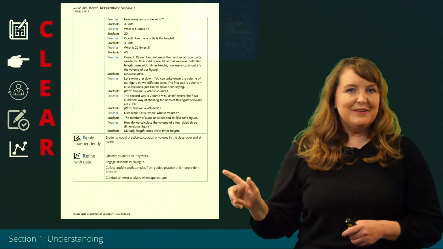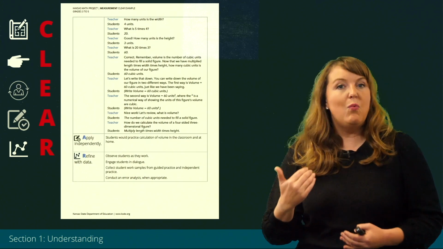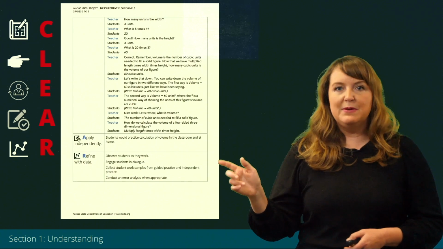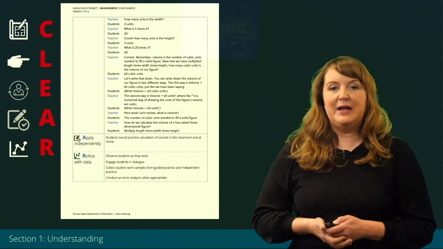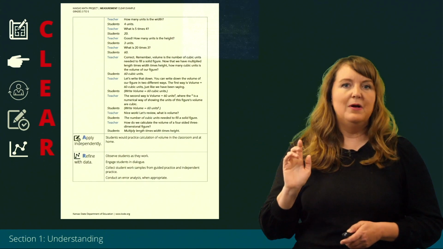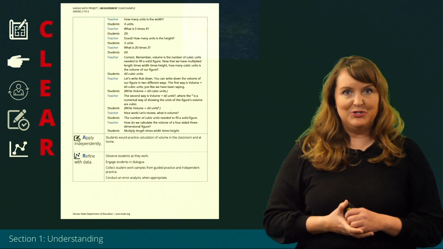And then what kind of data will you collect so that you know that your students are doing well with the content? So maybe you're doing observations, maybe you're doing discussions, maybe you're collecting student work samples, or maybe you're doing error analyses. So that was one example of a clear model for something that's later in this module.